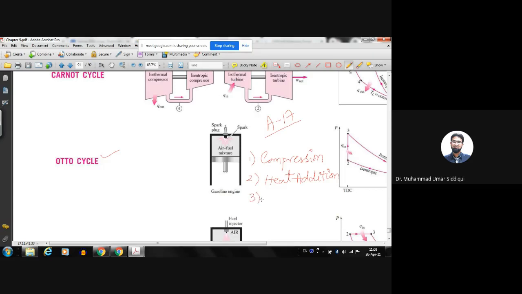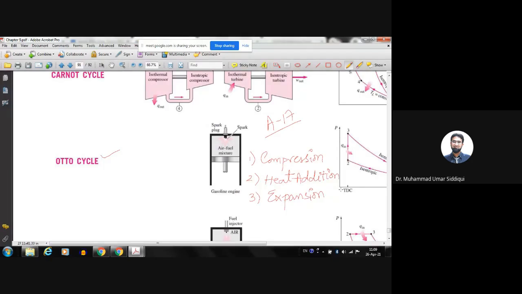Then we have the third process, the opposite of compression, which is expansion. You have a working fluid that is pressurized and has had heat added to it. Now you expand it, releasing the pressure, decreasing it from high pressure back to low pressure.